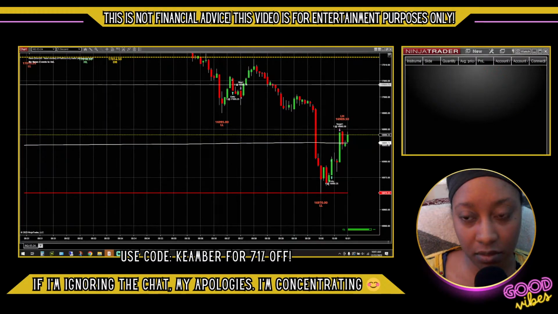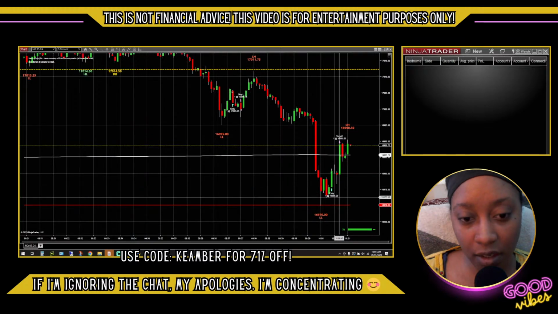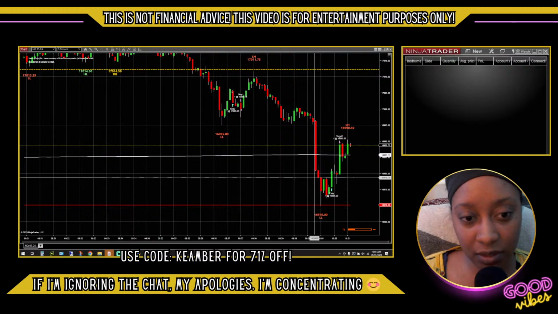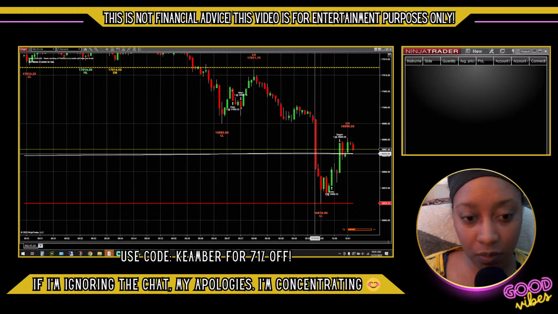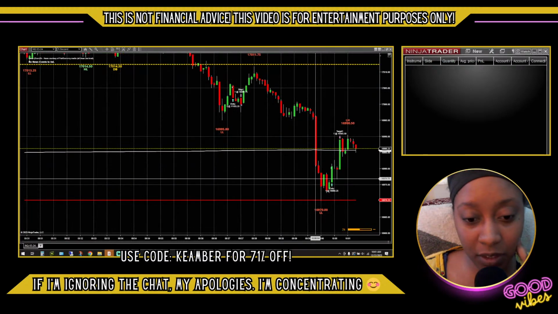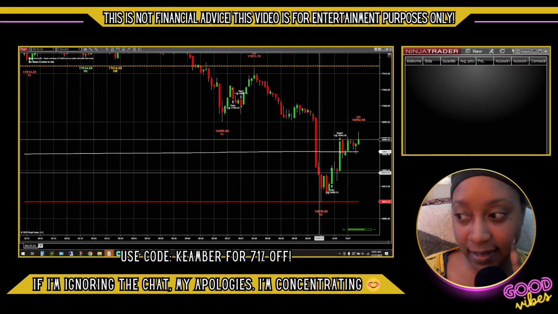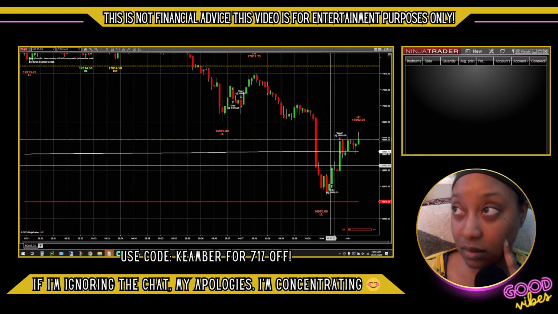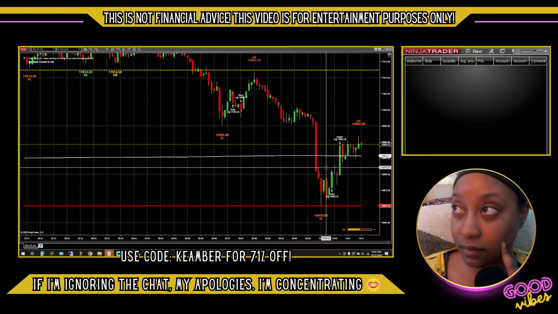Oh, that's not right. All right, the overall bias is now changed to a downtrend. Once it got to about here, which is around where the VWAP level is, that's when my overall bias changed to a downtrend. But you can see I got into divergence, the divergence from here to here.